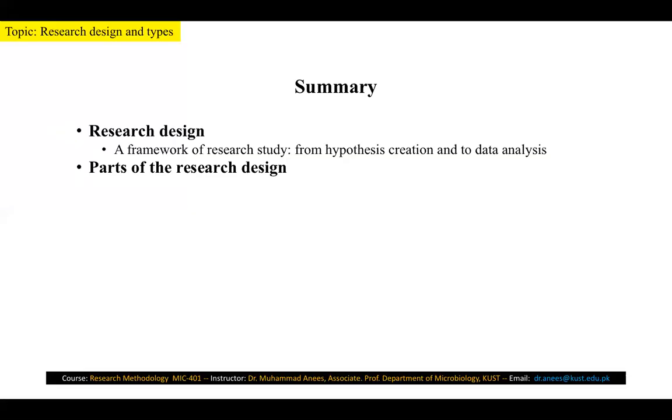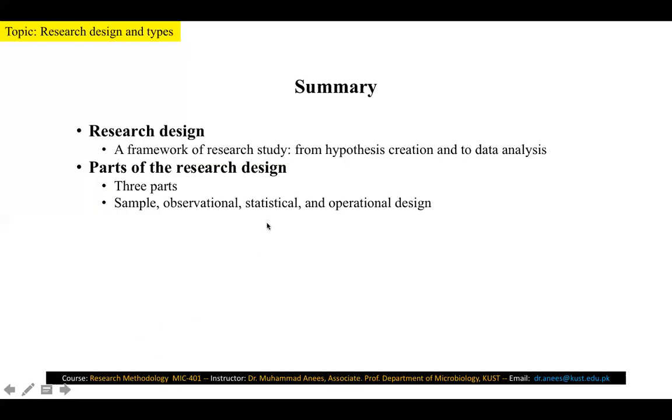Then we discussed the parts of the research design. We discussed that overall we can divide our research design into 4 different parts. So when we prepare a research design, we are preparing 4 things. We prepare a sampling design, then we prepare the observational design and statistical design.